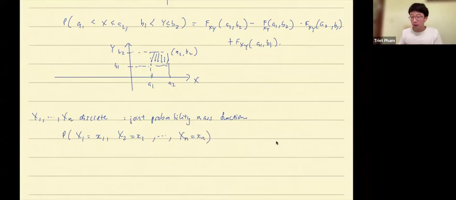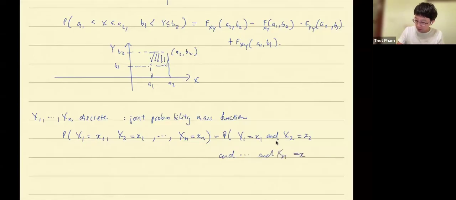Again, this is just the intersection of events. So it's nothing more than the probability of X1 equals x1 and X2 equals x2 and so on. If we know how to handle intersections of events, then we can handle this. That's all there is.